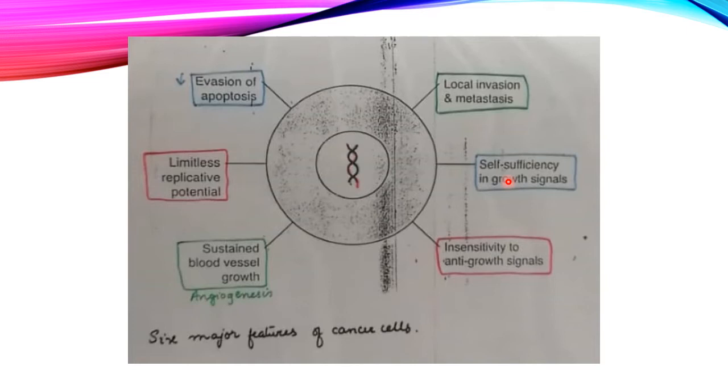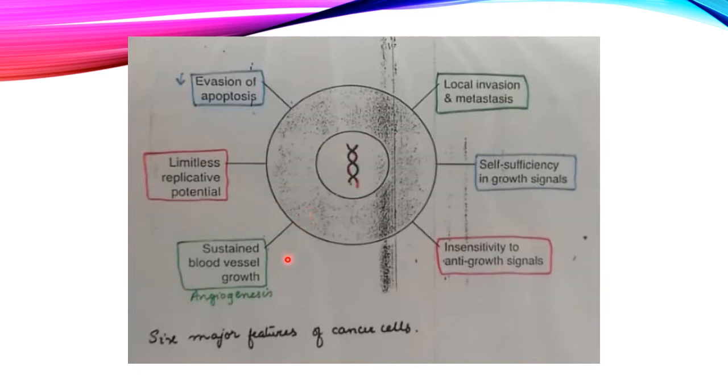Cancer cells can produce their own growth signals to promote fast multiplication. Then cancer cells are insensitive to anti-growth signals. If body or host is trying to kill cancer cell to inhibit its growth, then there would be no effect on the growth of cancer cell because cancer cells are insensitive to anti-growth signals.